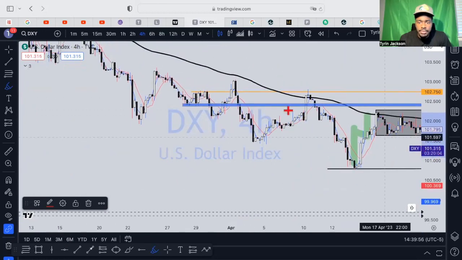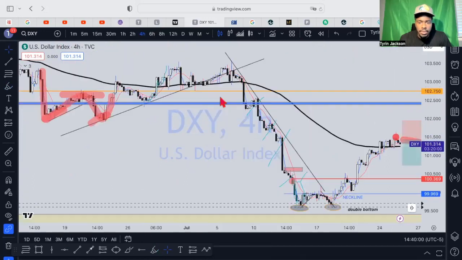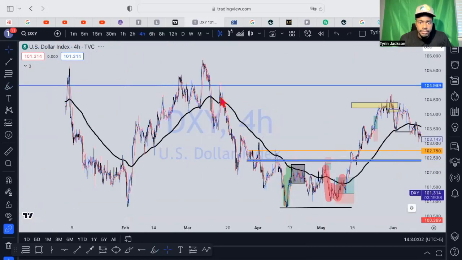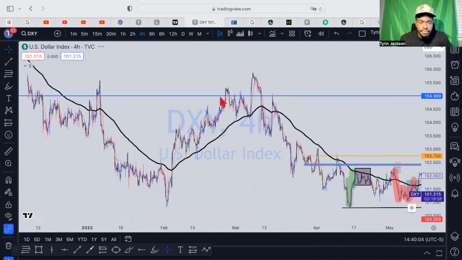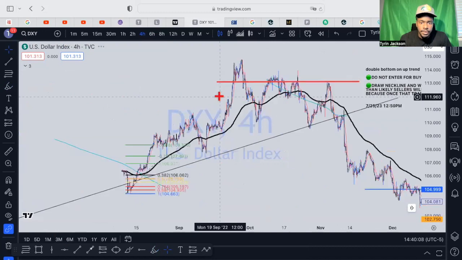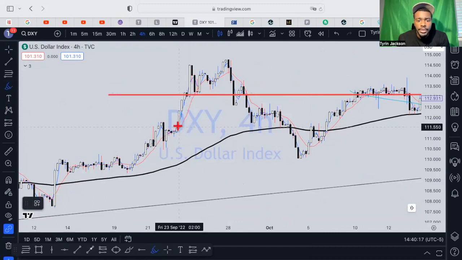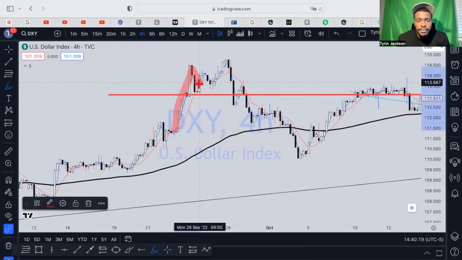Looking at double tops. Here we go, right here. So now let's get into a double top pattern right here, guys. We can see how price came up, came back down to test this level, came up again, got back down here, right?